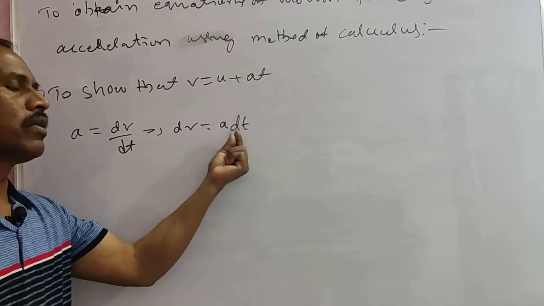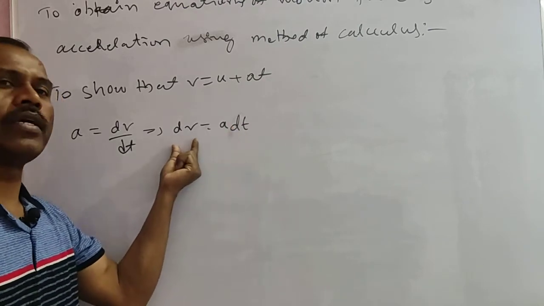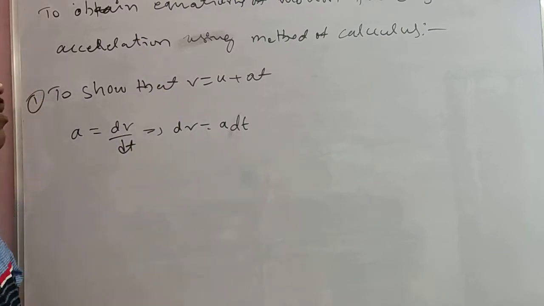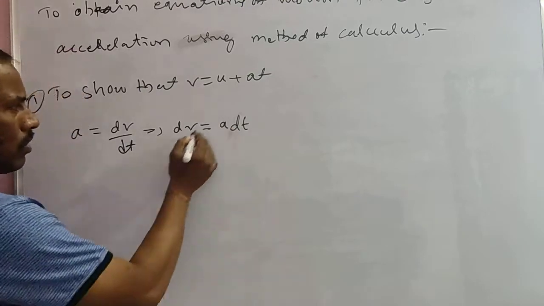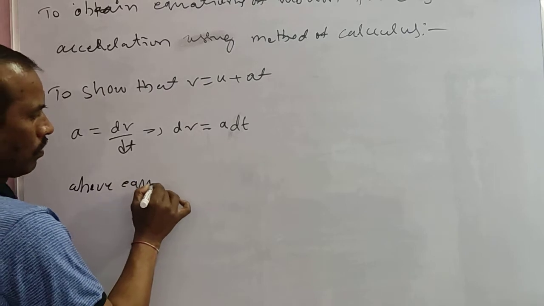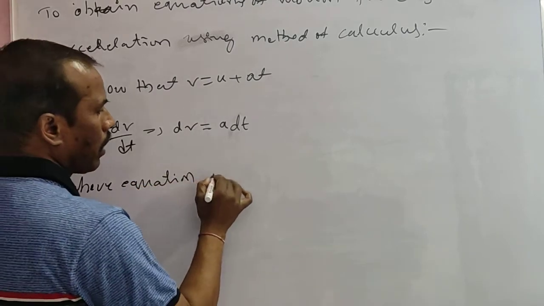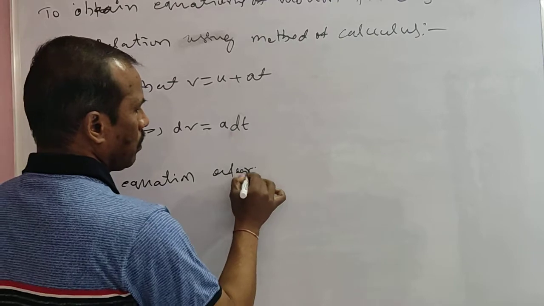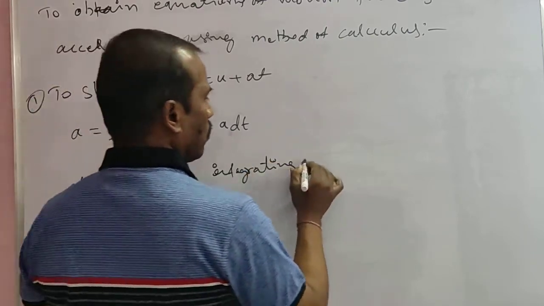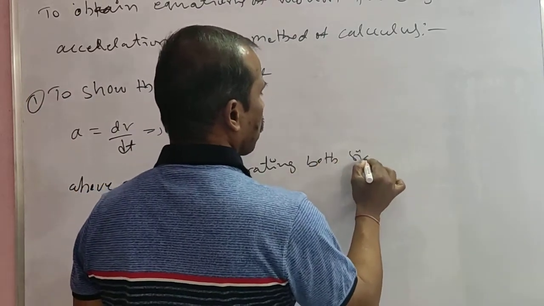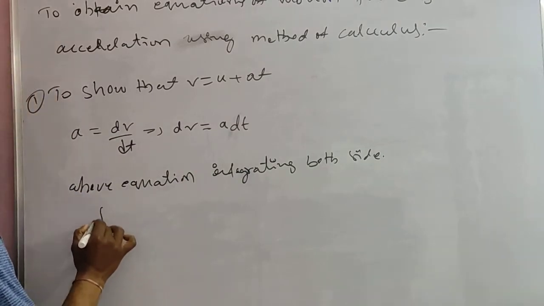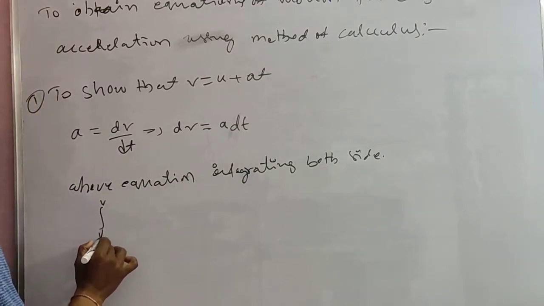time interval 0 to t, change in velocity from initial velocity to final velocity. Now integrating the above equation on both sides: upper limit v, lower limit v naught.